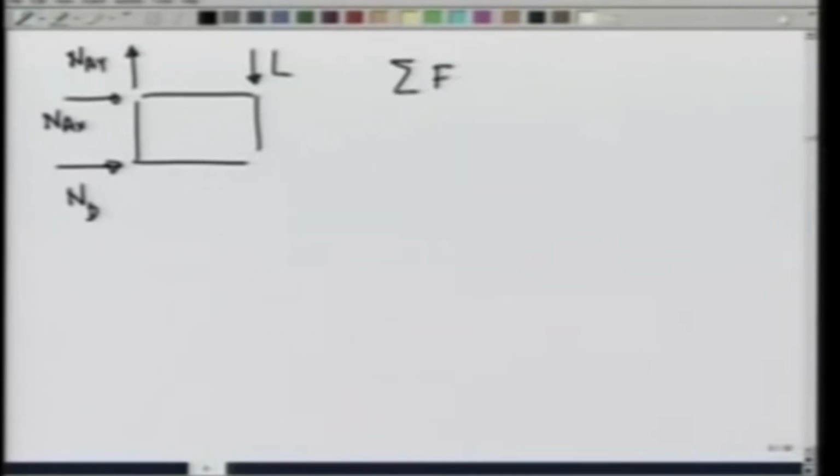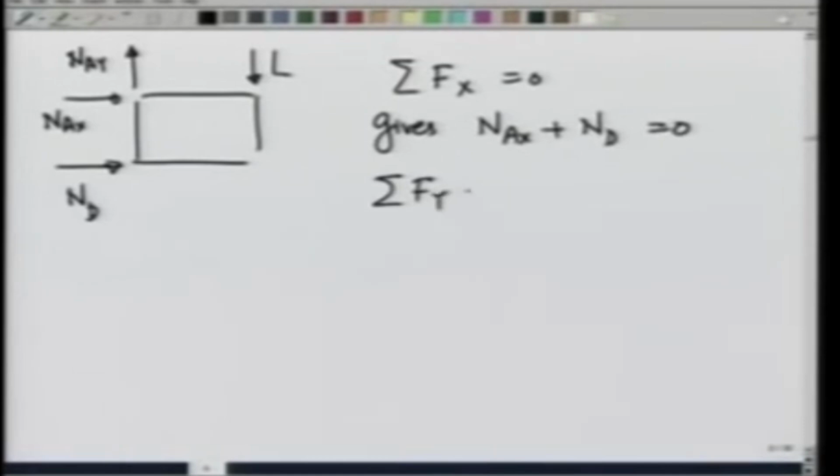Summation Fx equals 0 gives NAX plus ND equals 0, and summation Fy equals 0 gives NAY minus L equals 0, or NAY equals L, in the vertically upward direction.